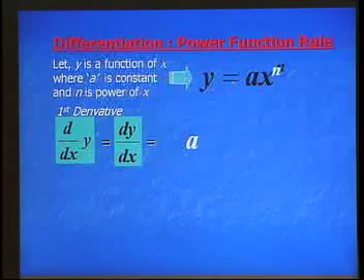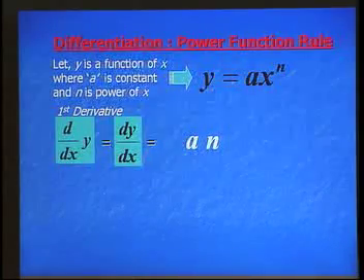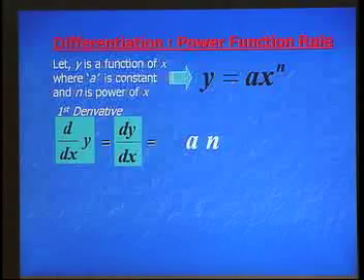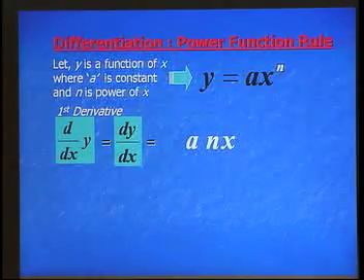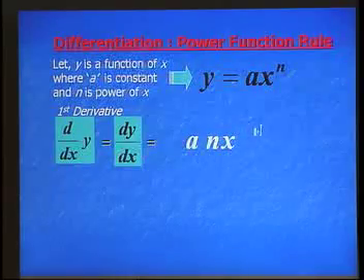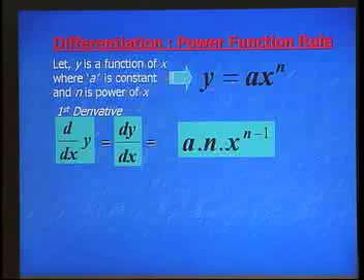The power of x will come down to become another coefficient and will be multiplied with a, and the power of x will decrease by 1. This is the power function rule of differentiation.